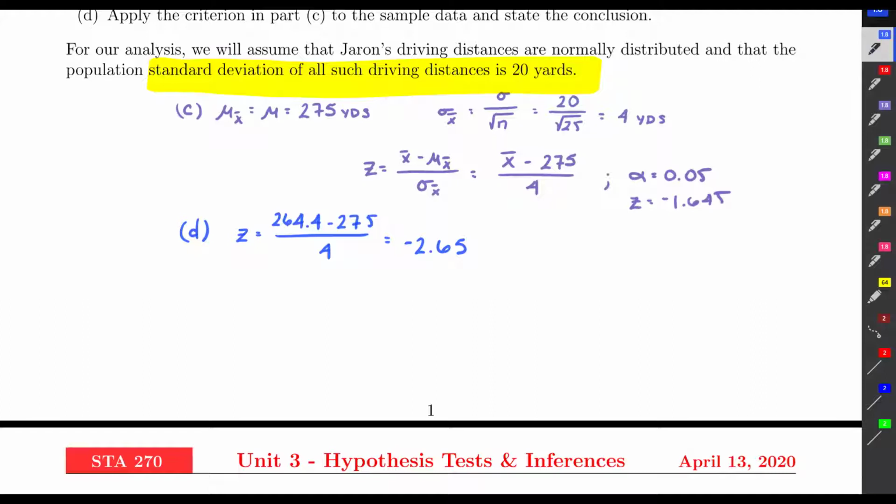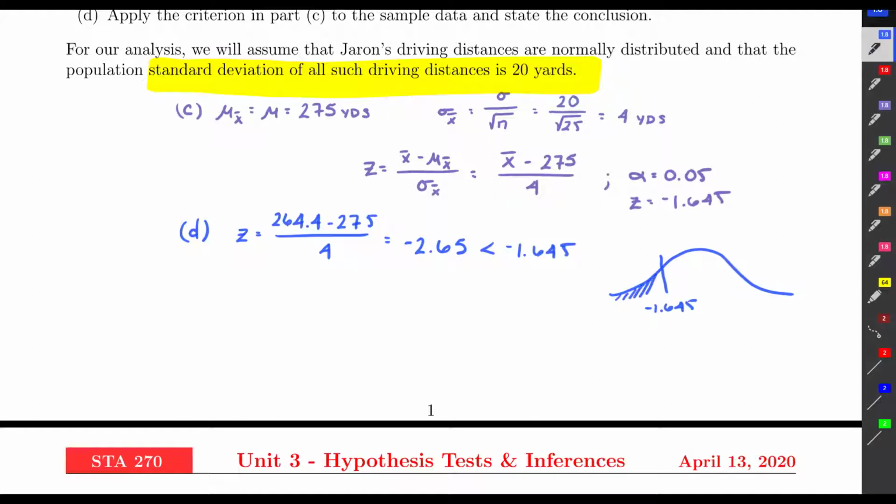Negative 2.65 is less than negative 1.645. And that was the claim by Misty, that mu would be less than the given value of 275. And in this case, we found a z-score that lies to the left of negative 1.645.